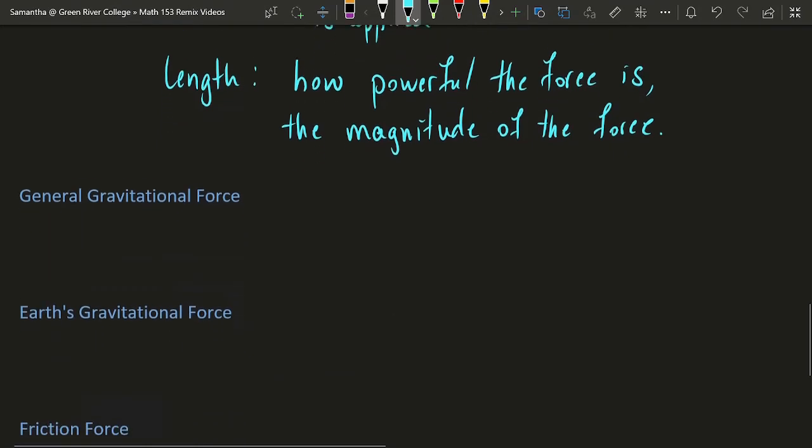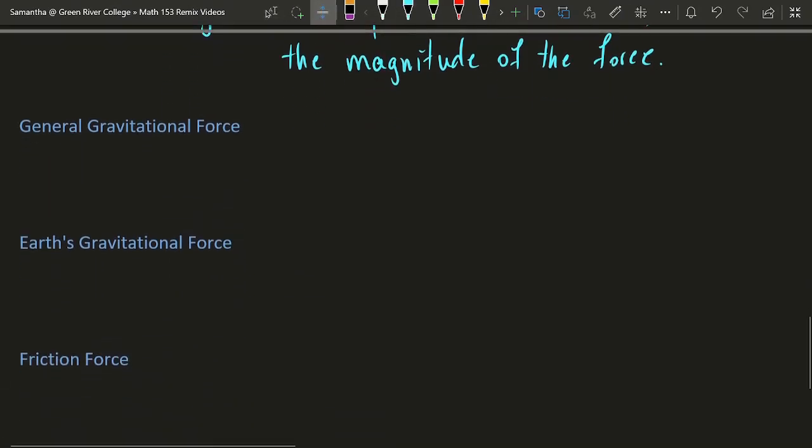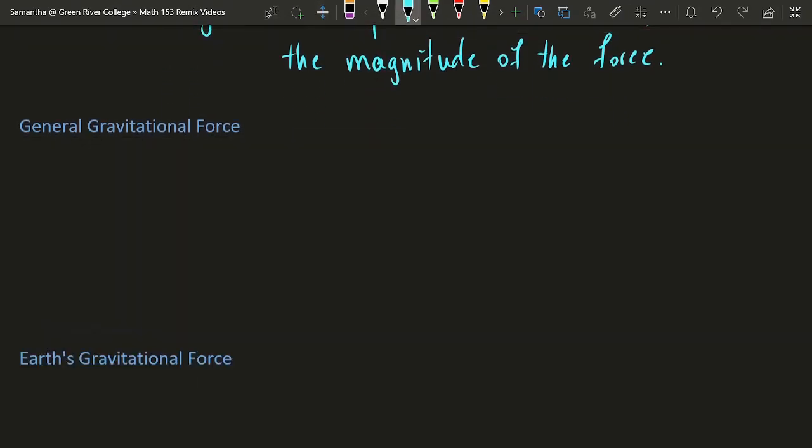Now, there are a couple of special forces which are usually given special attention, and one of the most famous forces of all is gravity.